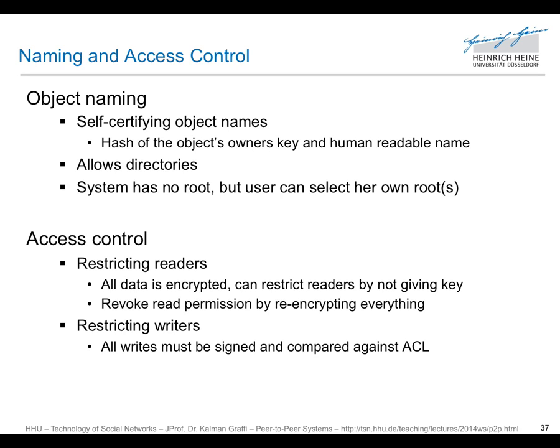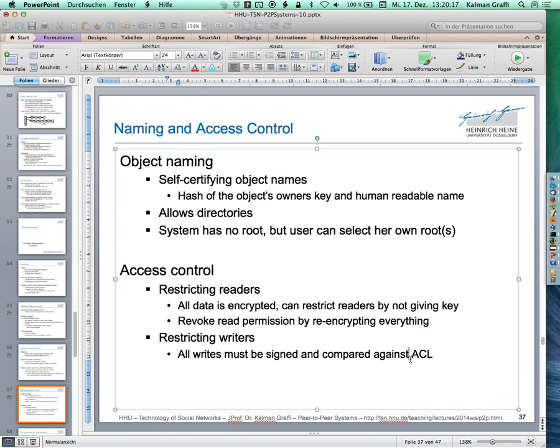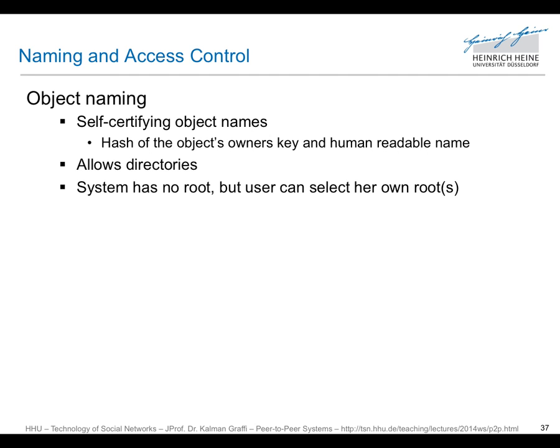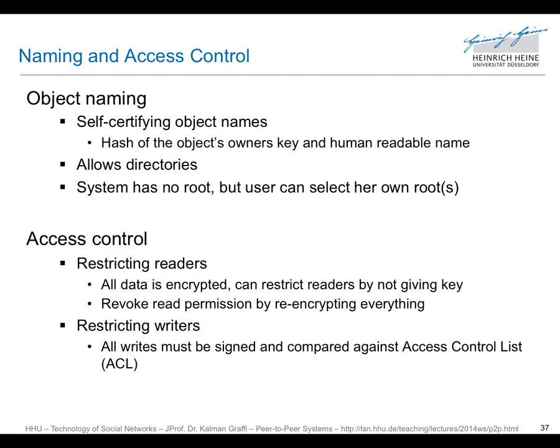If somebody wants to write, then you have this access control list. This is not commonly known. An access control list lists who is allowed to modify the data. So this you can also specify. And now the question will be, how do you check? Whom do you give the rights to check whether the writer who wants to modify the data is in this list?